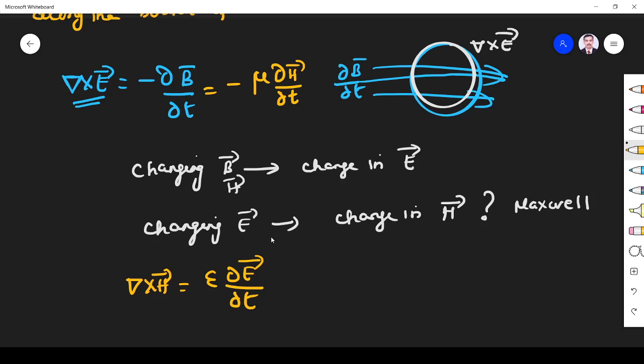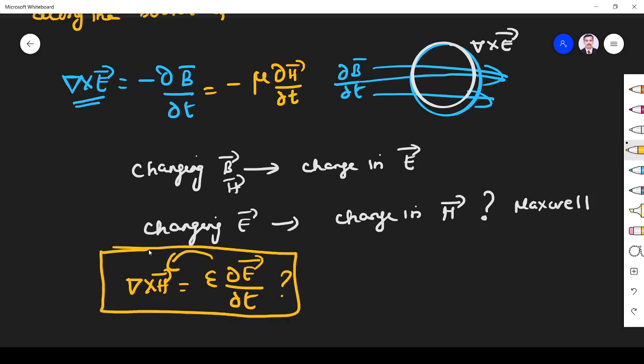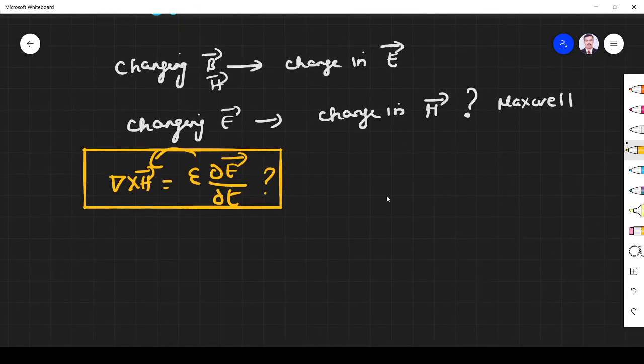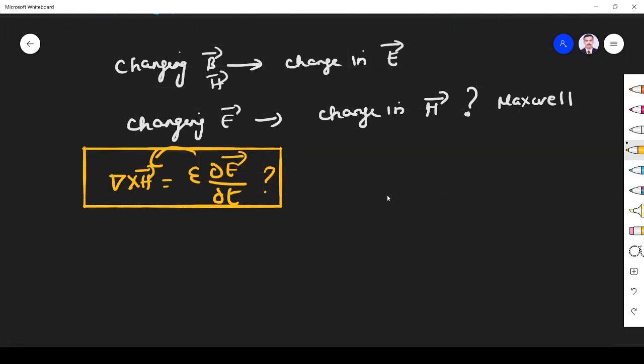He asked whether a changing electric flux through a closed surface produces a circulating magnetic field along the boundary enclosing that surface. This is Maxwell's question. Can we get this? So who is talking about del cross H? Ampere, right? So Ampere circuital law is talking about del cross H. So he started from that.